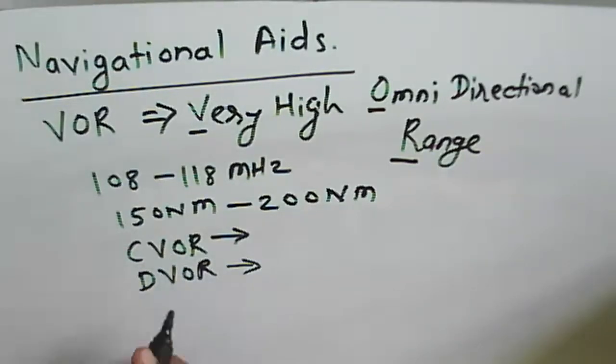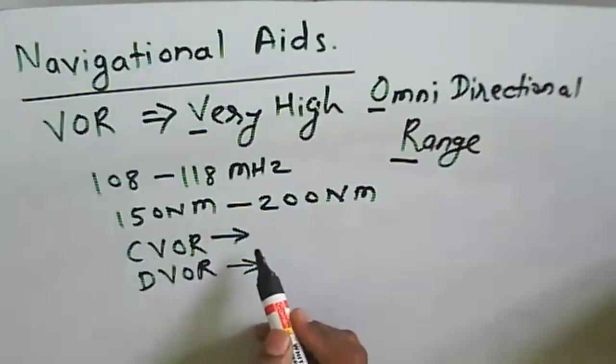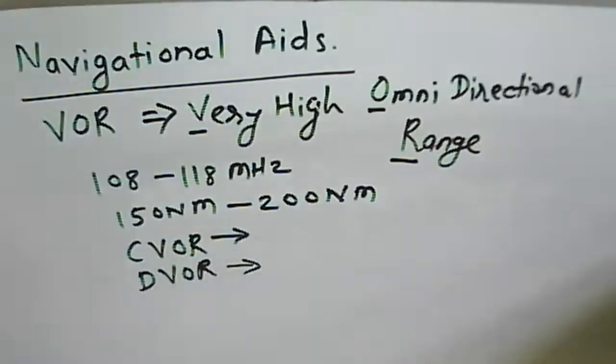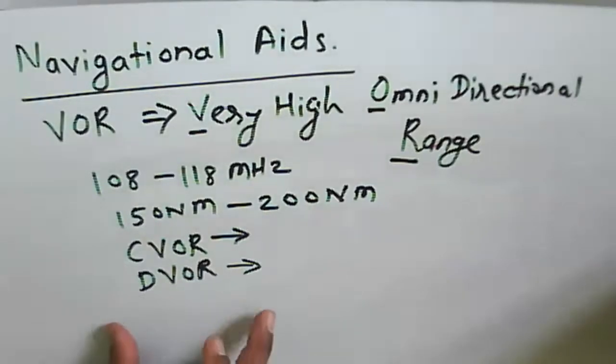That's why the conventional VOR is not used. The Doppler VOR is mostly used, and it works on the principle of phase comparison of two signals.